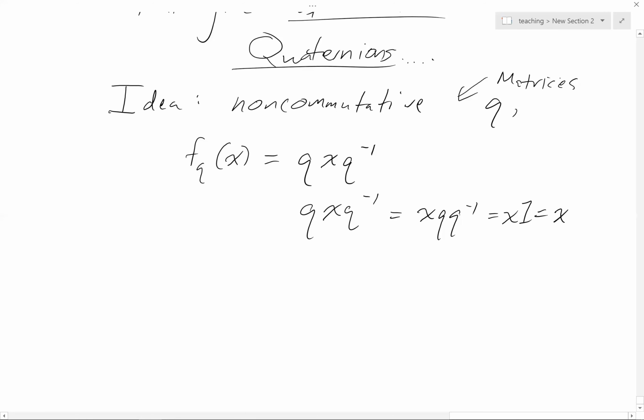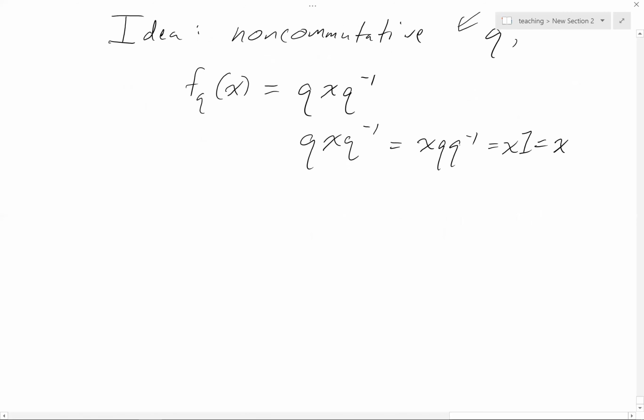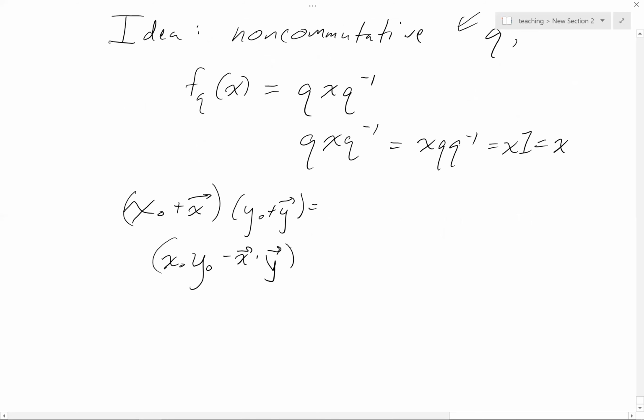Well, let's look at our formula for multiplication again. So if I go x0 plus x, times y0 plus y, it's x0 y0 minus x dot y, plus x0 y plus y0 x plus x cross y.